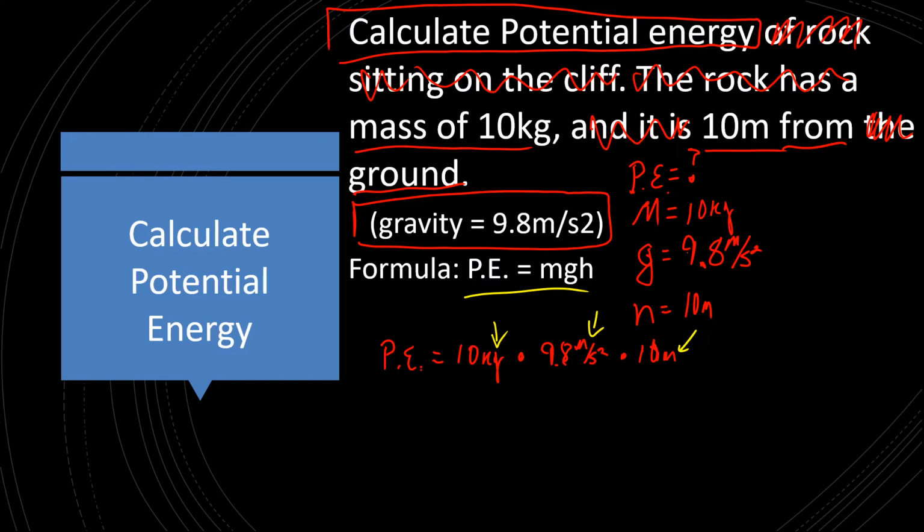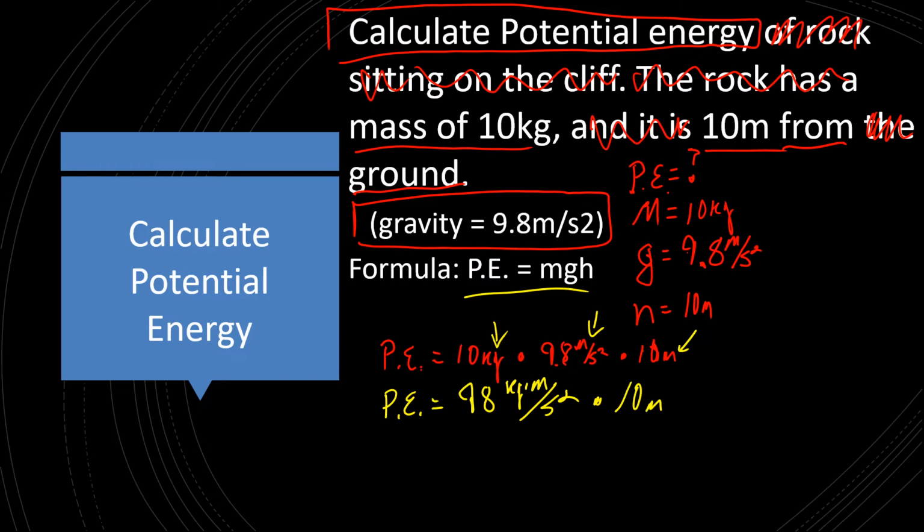All right, let's start knocking this out. I'm going to make this easy on myself and start with 10 times 9.8. That gives me potential energy equal to 98 kilograms times meters per second squared, and I still have to multiply it by 10 meters.